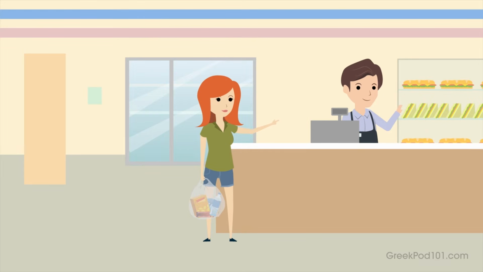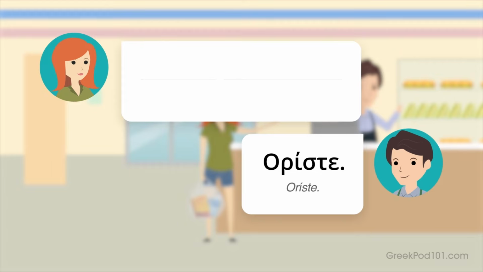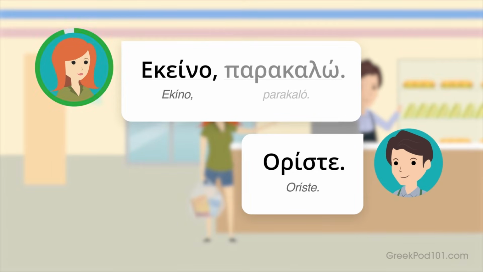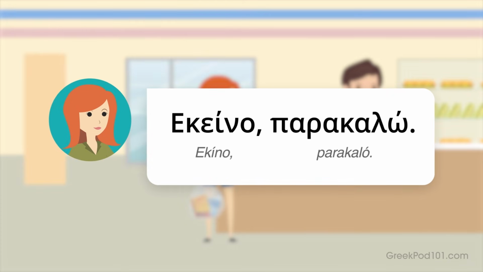Imagine you're Karen, and you see a sandwich in the showcase far away. Ask for that. Ready? Εκείνο παρακαλώ. Ορίστε. Listen again and repeat. Εκείνο παρακαλώ.